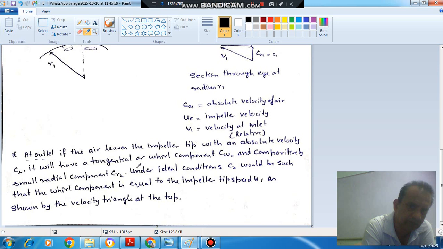It will have a tangential, or whirl, component CW2 and a comparatively small radial component CR2.